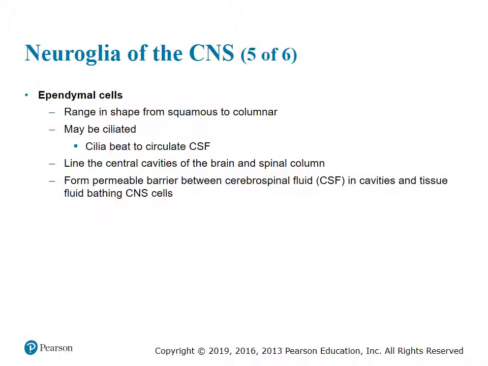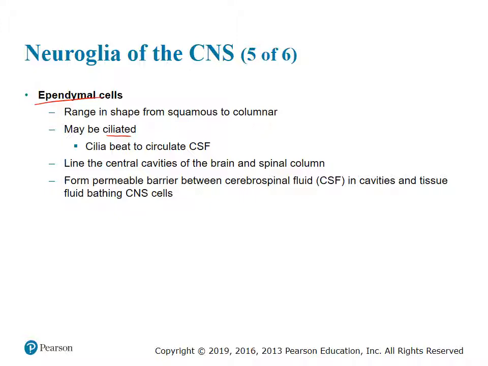Okay, the third one is the ependymal cell. Ependymal cells can change shape. They can go from squamous, flat cells to columnar cells. So they can have different shapes. Some of them can be ciliated, which means at the very edge you have cilia, extensions that look like little hairs on the edge of the ependymal cell.